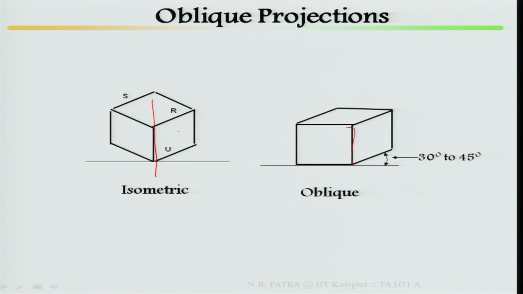Oblique view, oblique projections: the front face is parallel to your picture plane, that means you are supposed to get the true shape of the front. In depth directions it is made at an angle of 30 degree to 45 degree, either up, down, right or left.